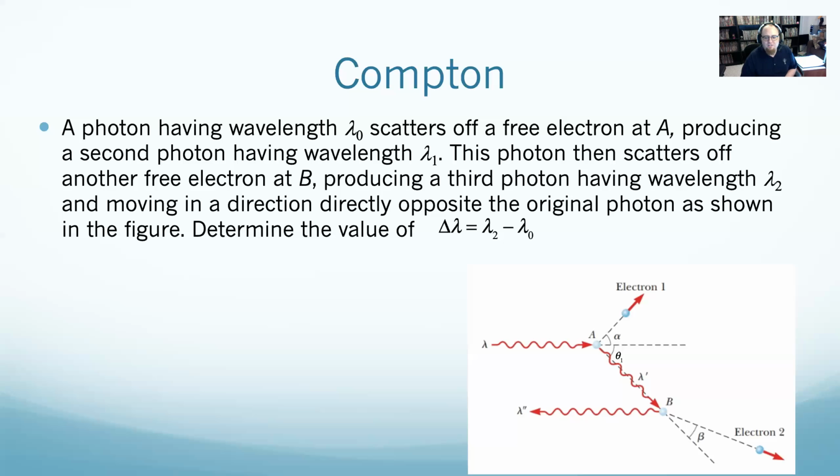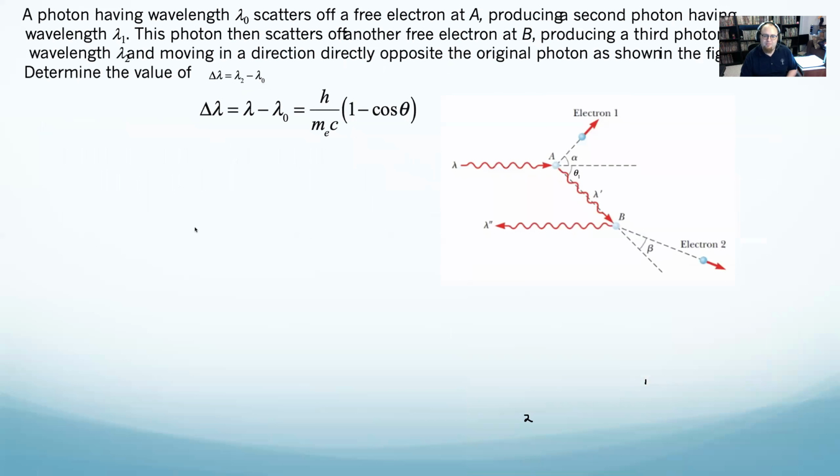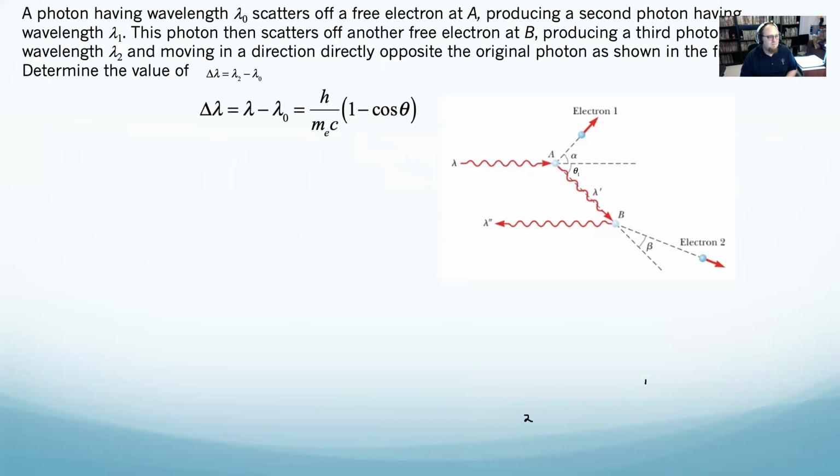What is the Compton shift between 2 and 0? I'm going to draw on this for now, where this was lambda 2 and this was lambda 1. I should have used the same notation. We know the shift is lambda minus lambda naught equals h over m_e c times 1 minus cosine theta.